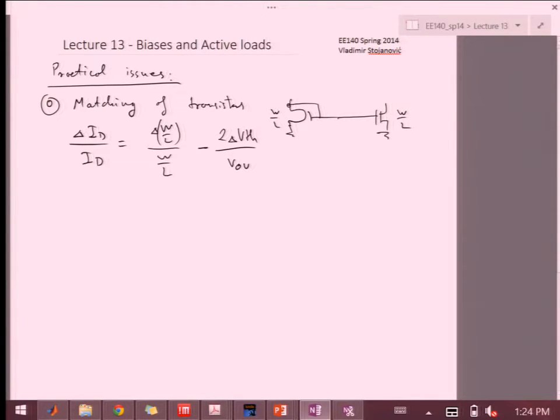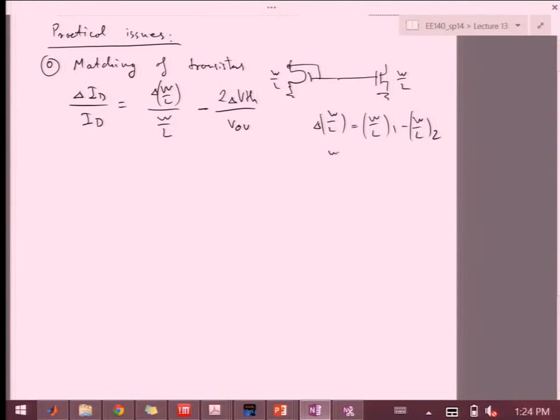The delta W over L is really the difference of the ratios. It can be caused by differences in widths, differences in lengths, all the geometric variations. And then W over L will be the average.